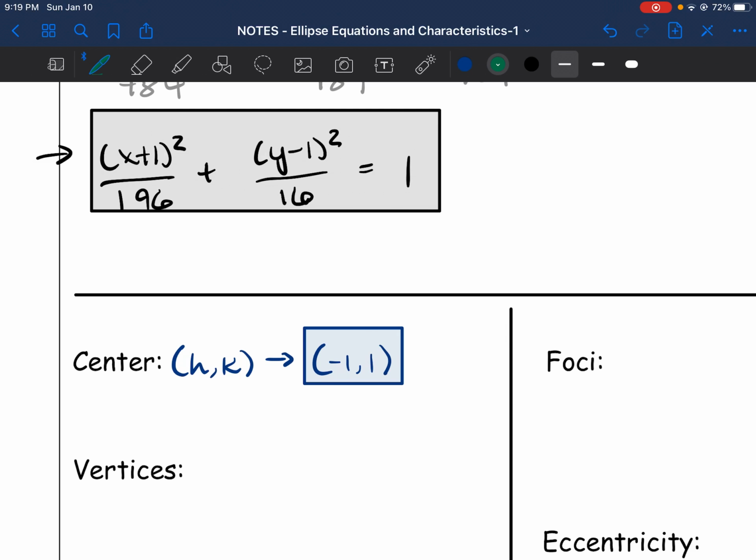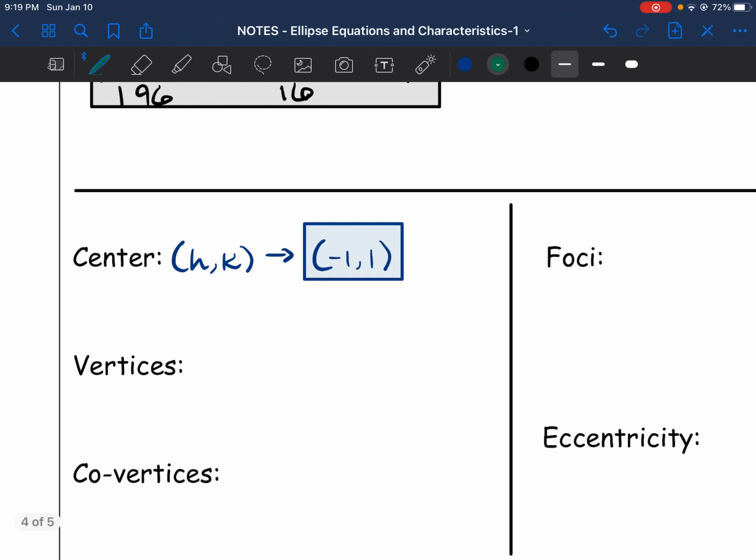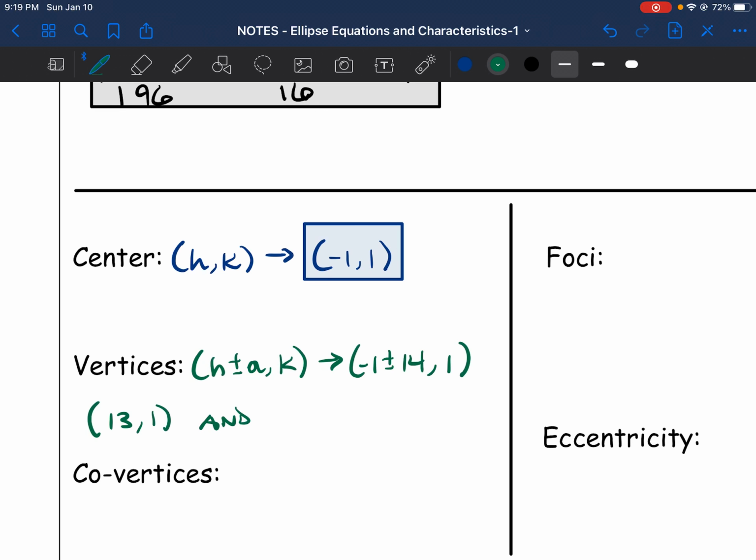The vertices, since we have a horizontal ellipse, are going to be given by (h plus or minus a, k). This is h is -1, plus or minus a, which we found to be 14, and k is 1. So -1 plus 14, that's 13, comma 1. And then -1 minus 14, that's going to be -15, comma 1.